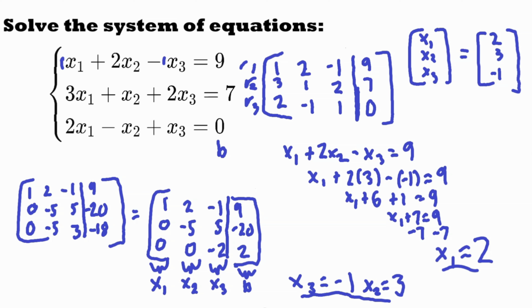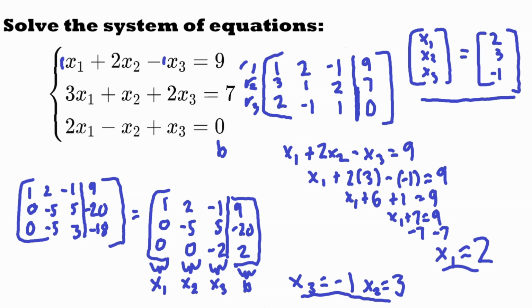So now, this is our answer theoretically, but we can always check. This is the beauty of these type of problems, that we can just plug in the x1, x2, and x3 for each of the equations here, and they all have to be correct. So let's check for the first one, x1 plus 2x2 minus x3. So that will be 2 plus 6 is equal to 8 minus negative 1, so plus 1 is equal to 9.